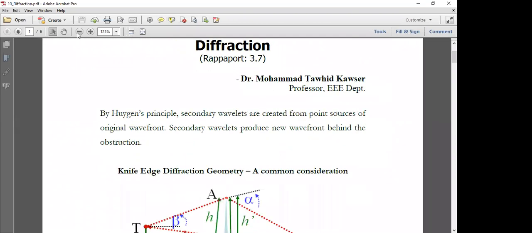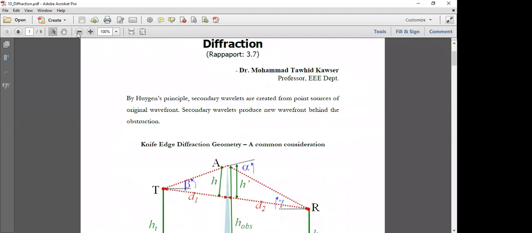Now, the actual principle will not be explained. Probably some physics class has explained the diffraction principle. Once the electromagnetic wave is incident on a sharp edge, a number of small waves are created from there.